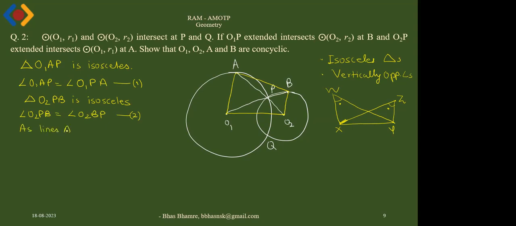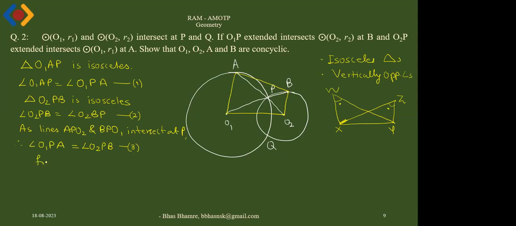So we can say that lines APO2 and BPO1 intersect at P. Therefore, angle O1PA is equal to angle O2PB because they are vertically opposite angles.